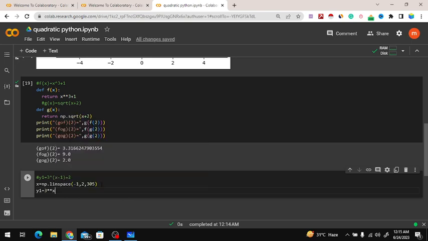Another variable, y2, should be equal to 3 to the power again, but x minus 1, and it's plus 2.